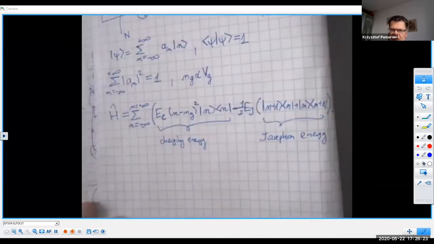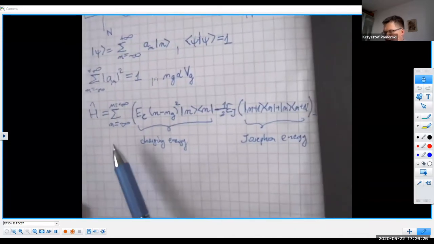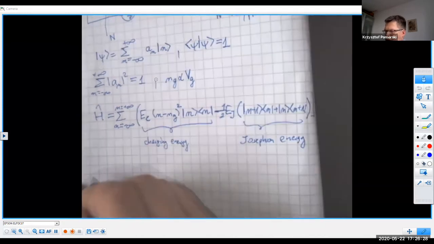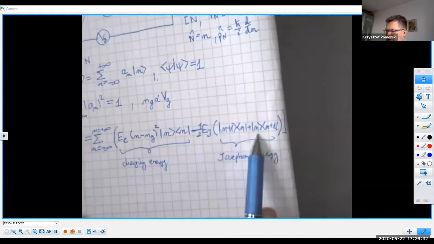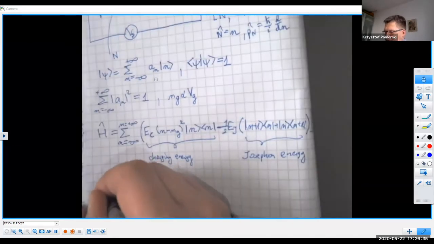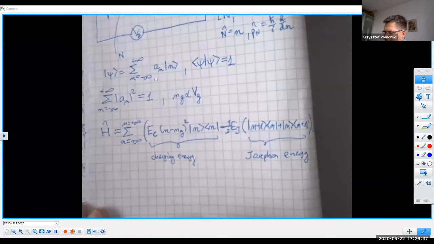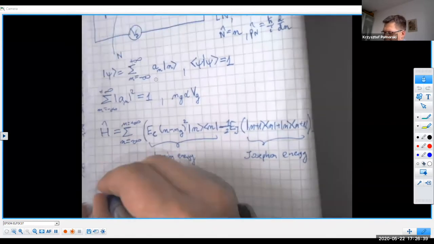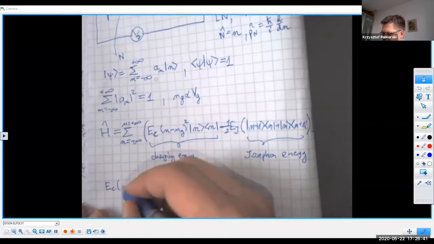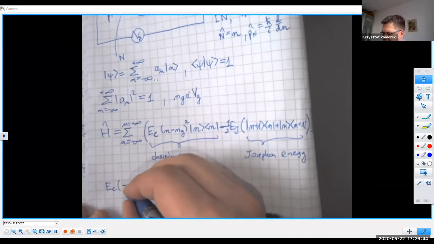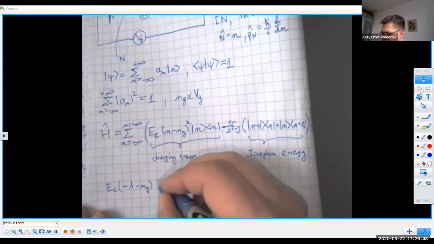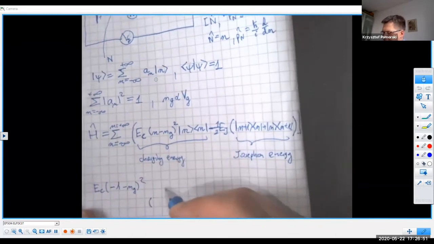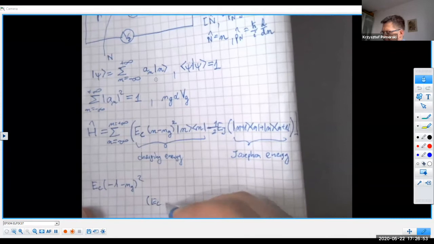And then we have a simple Josephson two-level system, and obviously we can write an infinite matrix. These will be diagonal terms, and those terms will be on the diagonal. So basically you can write it EC, say, (-1 minus ng) squared, and on the diagonal we can write EC times (0 minus ng) squared.